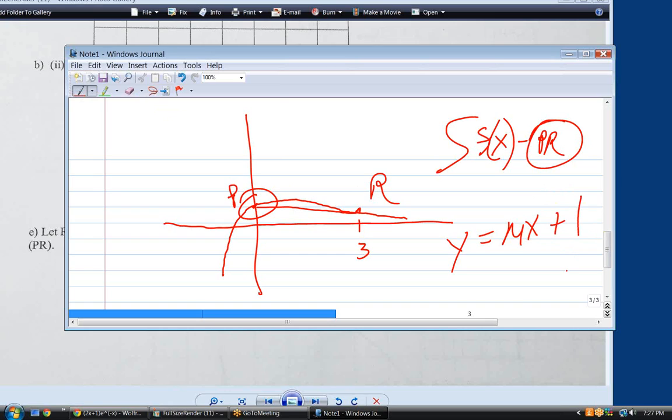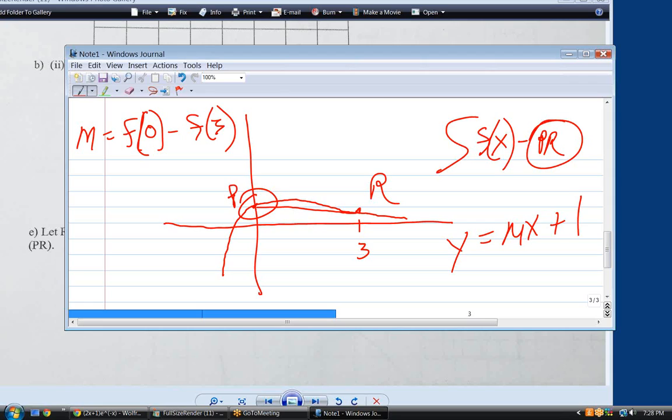What's the slope? Rise over run. So the rise is going to be f of 0 minus f of 3. Is that not the rise?